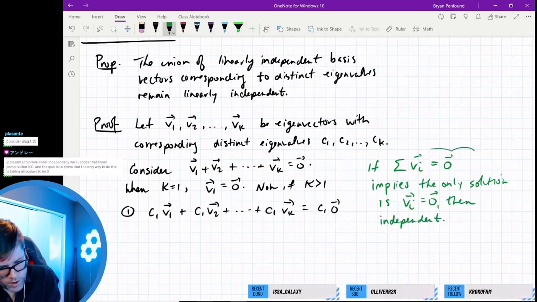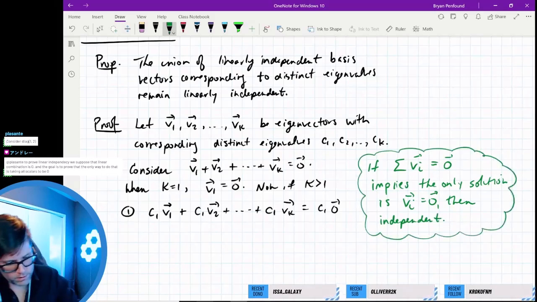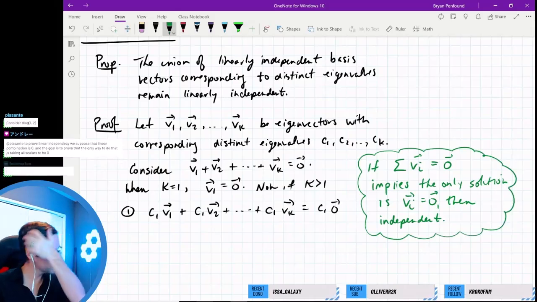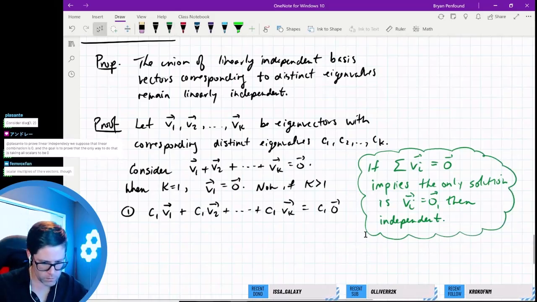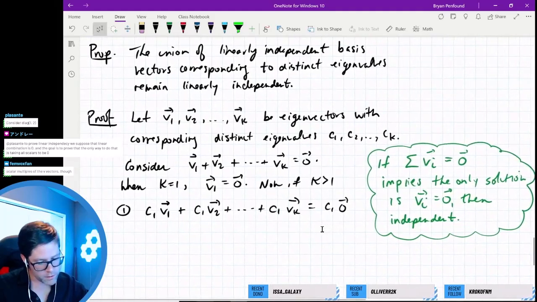So it's a bit of a weird way. I agree with you. I wouldn't normally think through a proof this way. No, it's a little different.